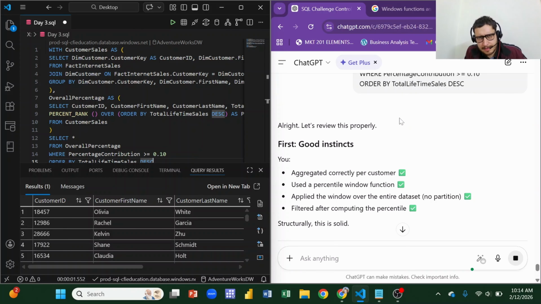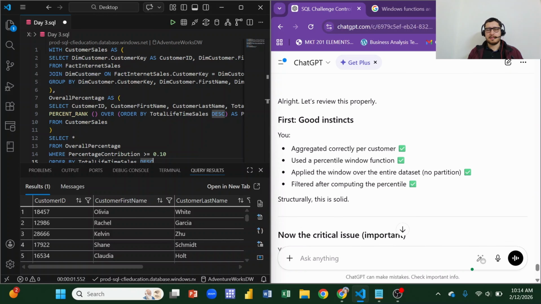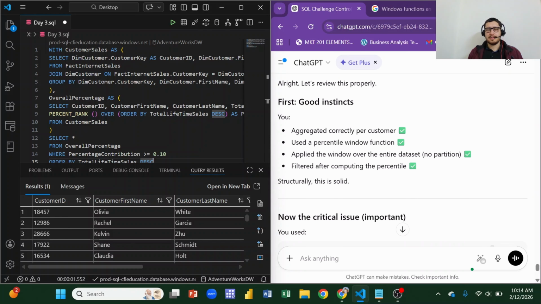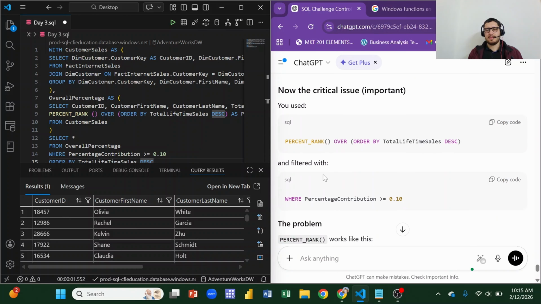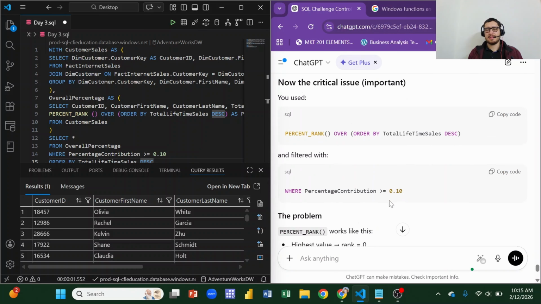Now that I've pasted it in ChatGPT, it says: all right, let's review this properly. First, good instincts. You aggregated correctly per customer, used a percentile window function, applied the window over the entire dataset with no partition, and filtered in the outer query, computing percentile. Structurally this is sound. Now the critical issue: you used percent rank with ORDER BY descending and filtered with where contribution is greater.